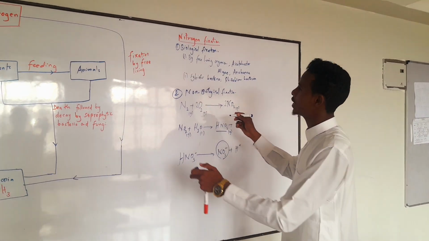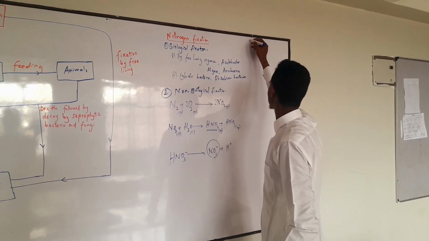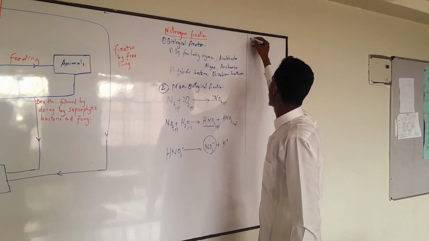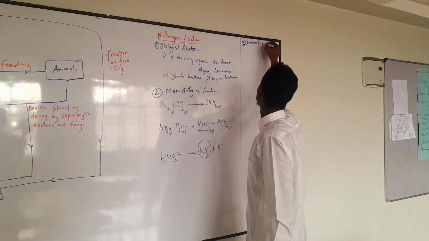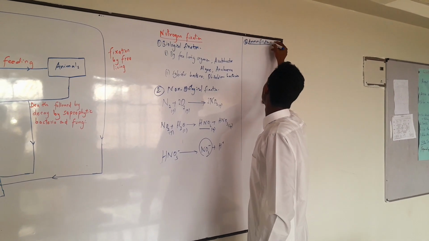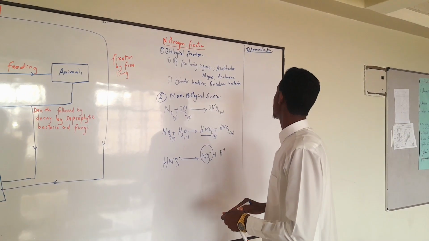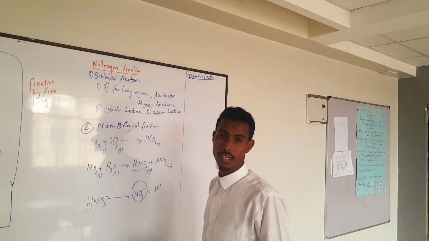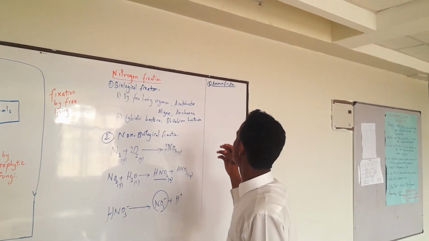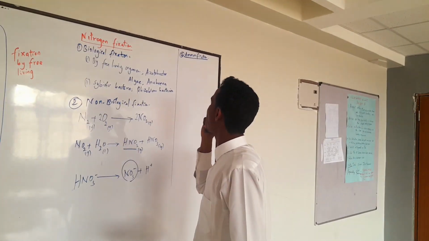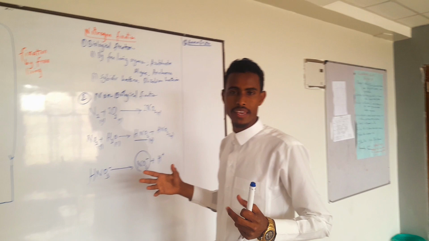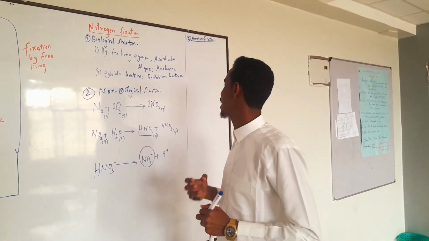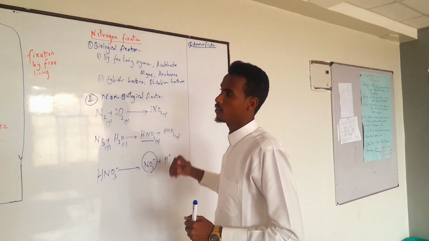Now this was number 1, nitrogen fixation. Number 2 is called ammonification. Ammonification basically means the process where the dead organisms are being broken down by the saprophytic bacteria or fungi into ammonia.